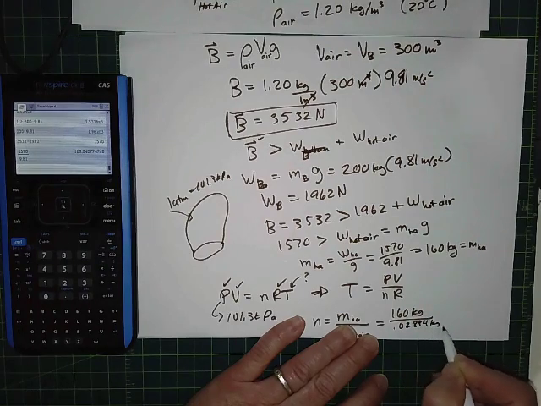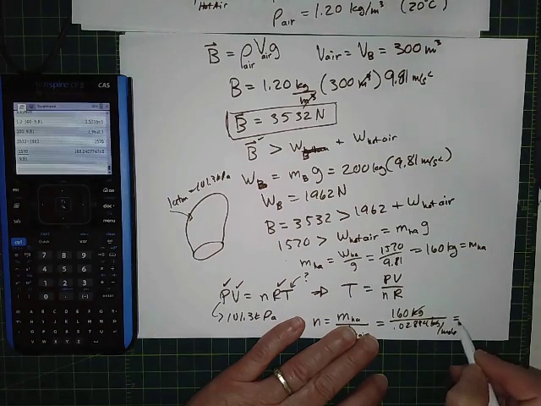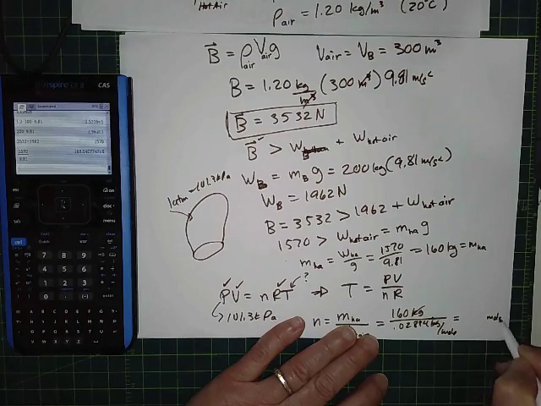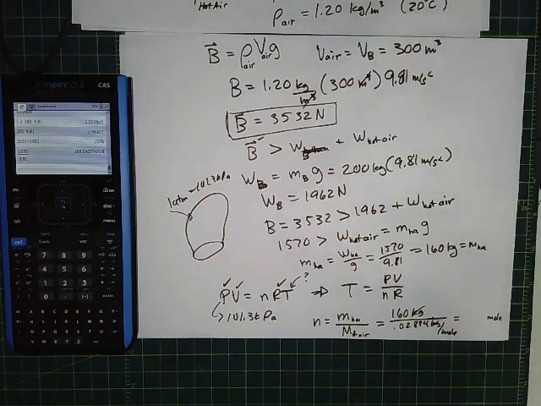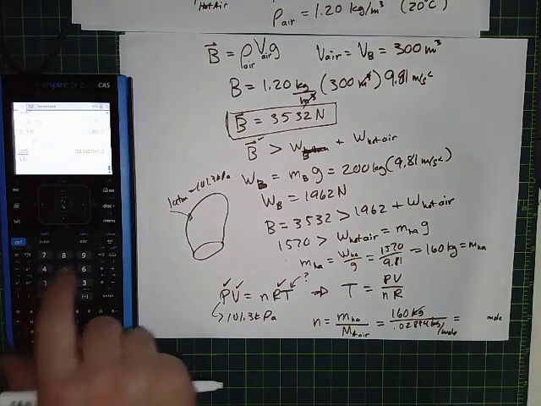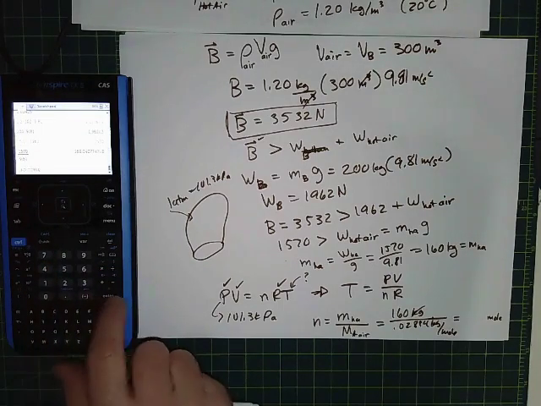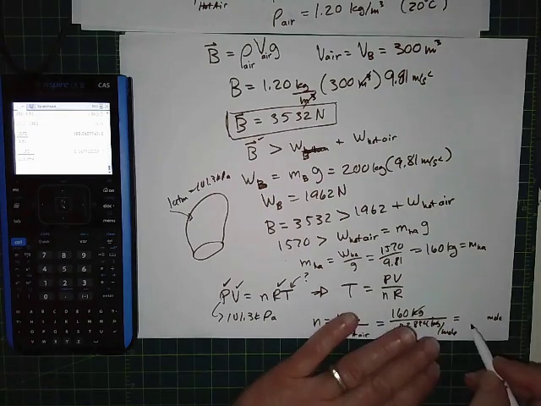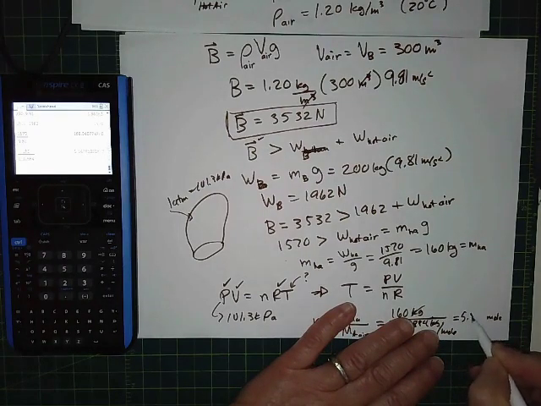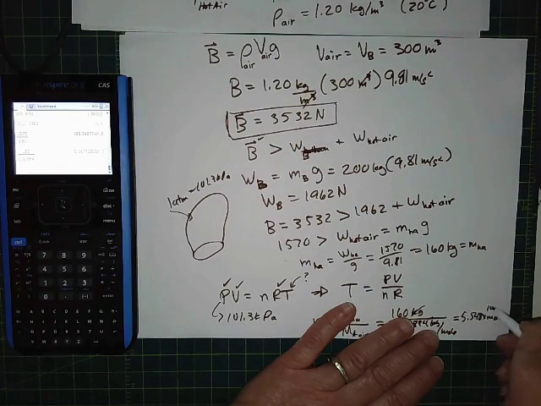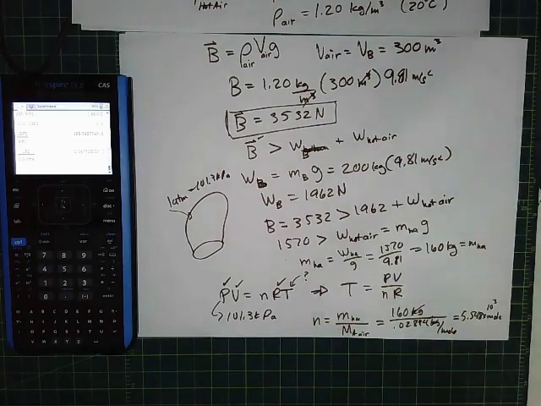The kilograms are going to cancel, and with 1 over moles in the bottom, it's brought to the top to be moles. So our units are working out, which is good. So 160 divided by 0.02884 gives us 5.548 times 10 to the third moles.